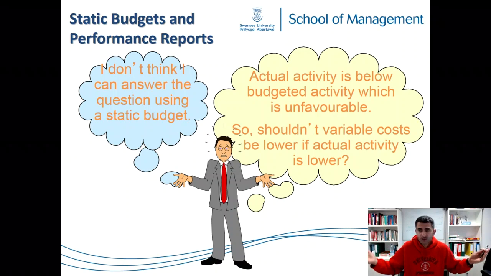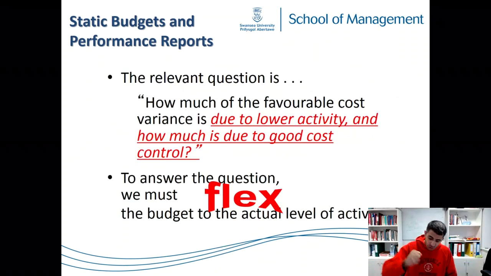In this case, always put it in your mind: how much of the favorable cost variance, the one we just calculated, the 11,650, is due to lower activity, and how much is due to good cost control?